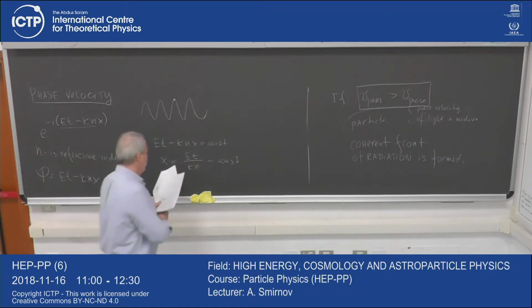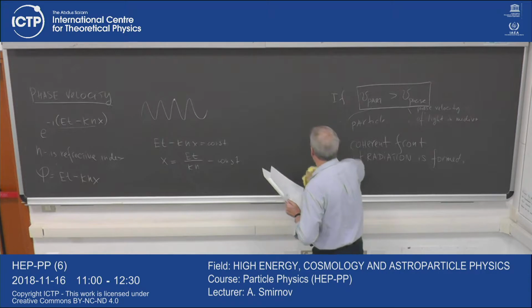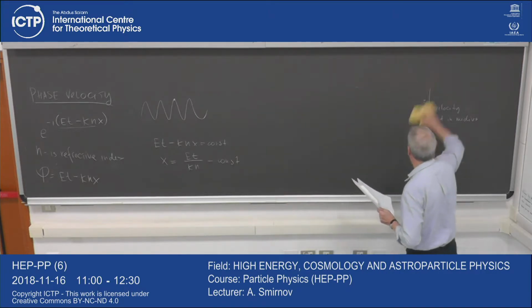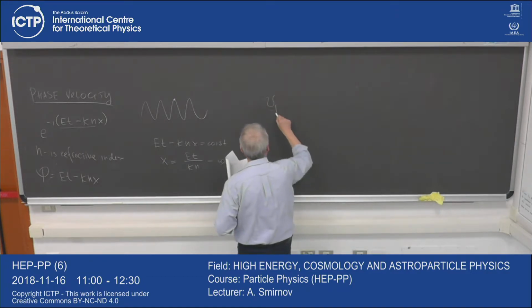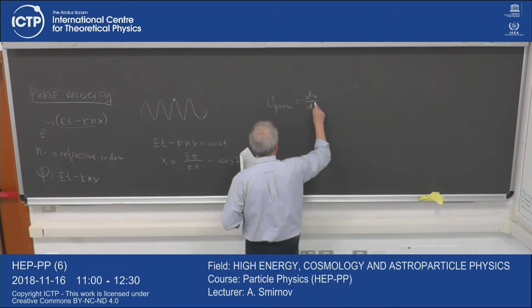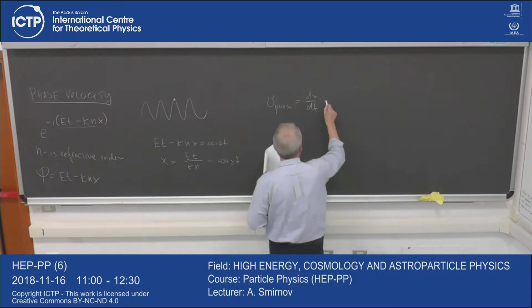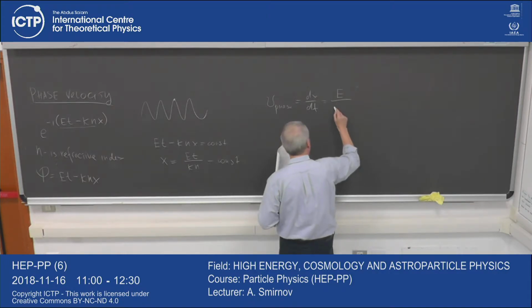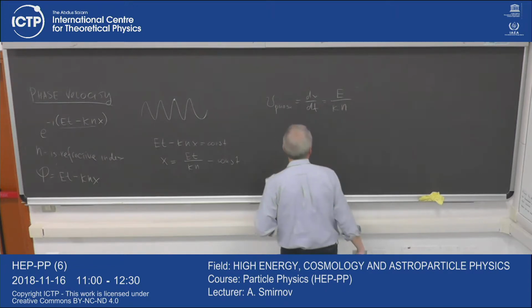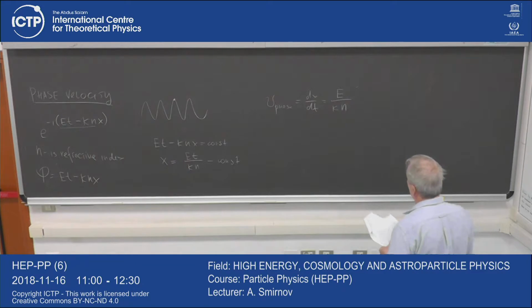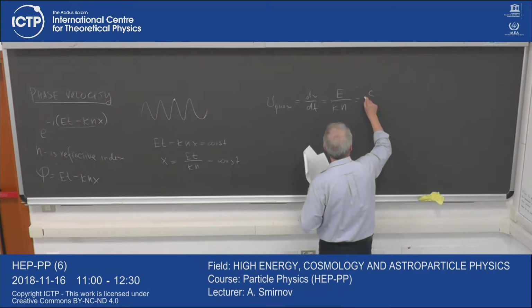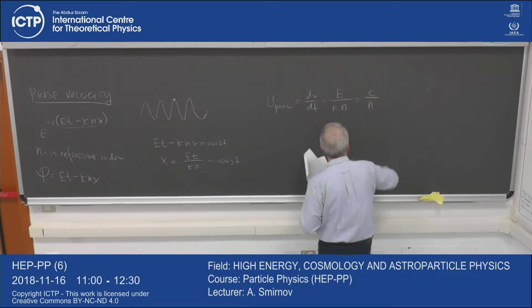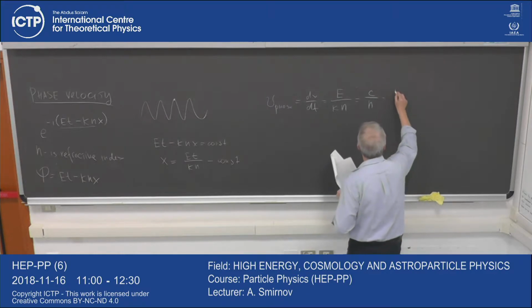Now, for velocity we just differentiate: v phase equals dx over dt, and from this expression we get E over kn. For light, if E and k are the same, we get c over n, which in our units is 1 over n.